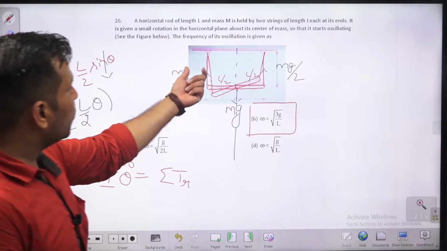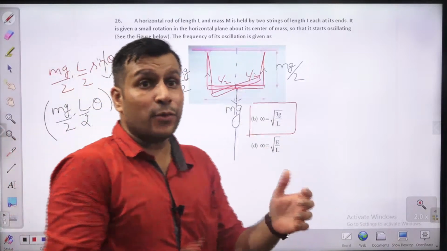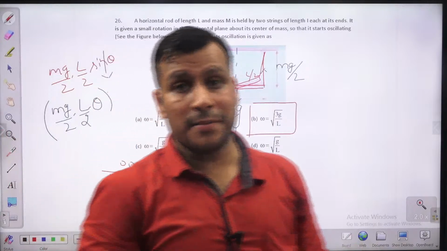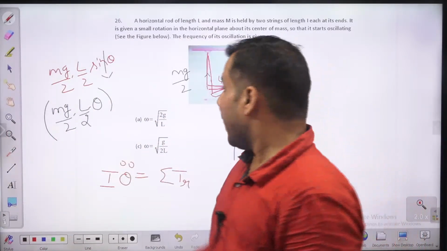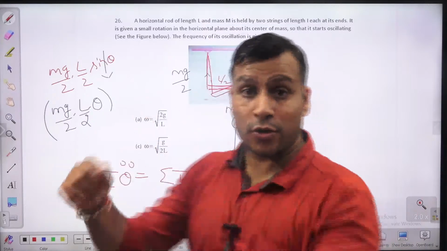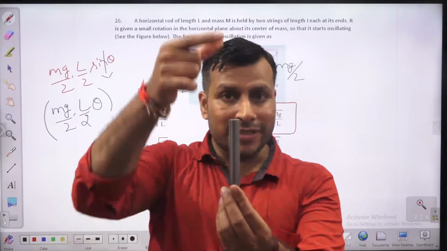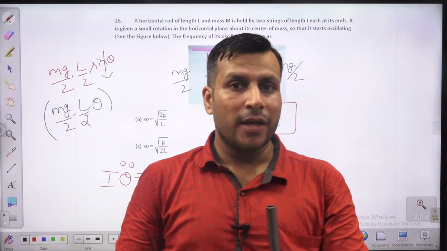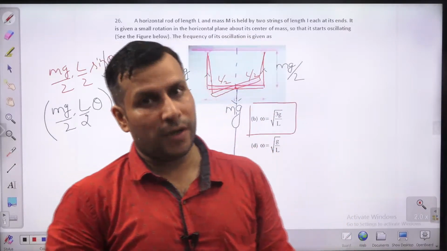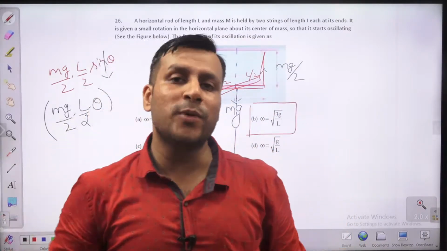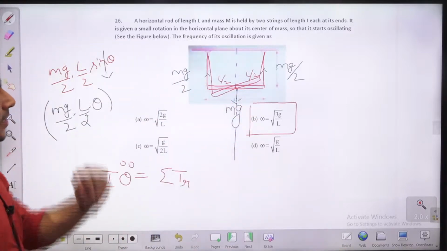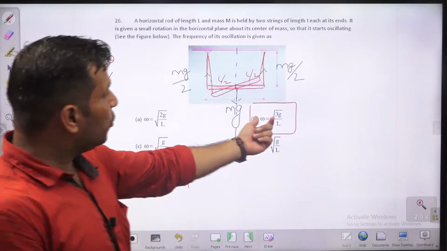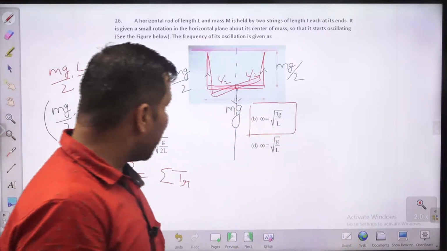This restoring force is going to act on this side and this side. Then if you write again the torque method, I theta double dot is the algebraic sum of all the torques. But what is the moment of inertia, guys, for the rod about its central axis? That will be ml square by 12. Not at the ends, at the center you need to take, so the I value will be different. If you put all those things, you will get the answer omega equals under root 3g by l. Please try this at least.